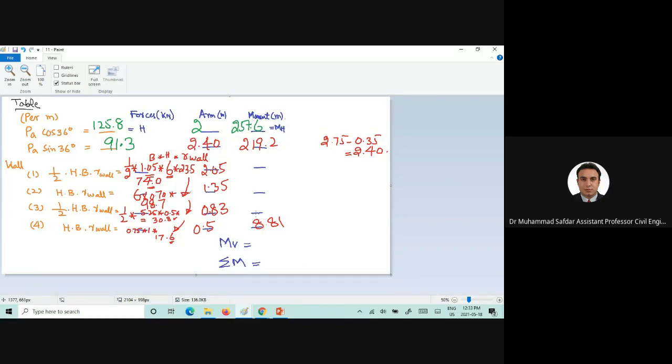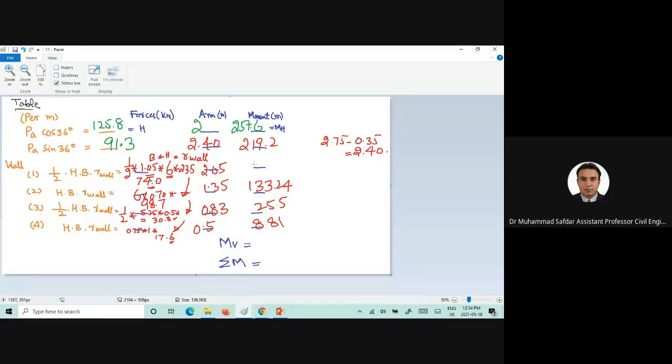And how about the third one? 25.56. 25.5. How about the second part of the retaining wall? 133.24. Good, okay.